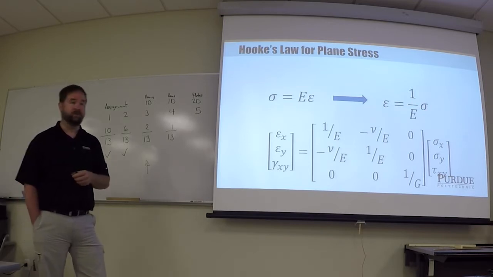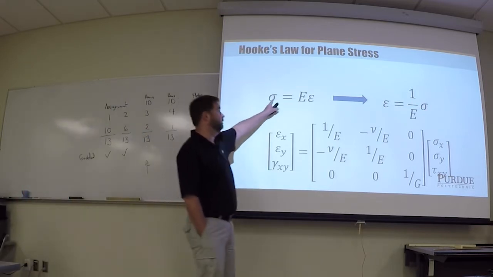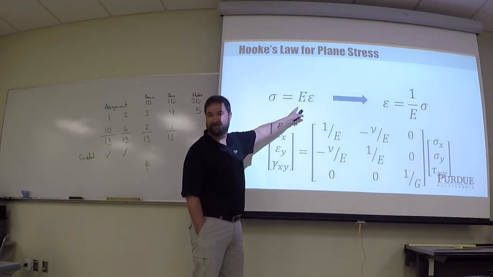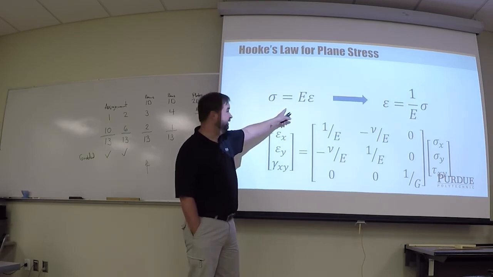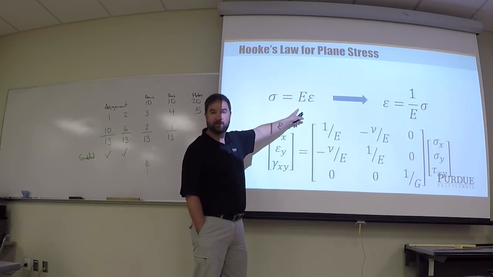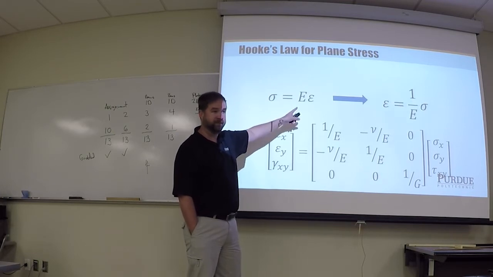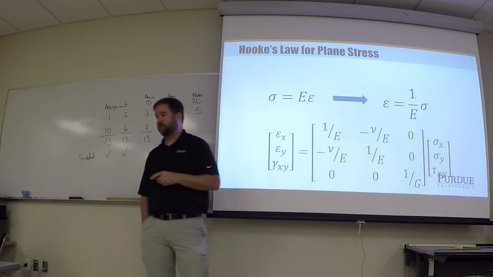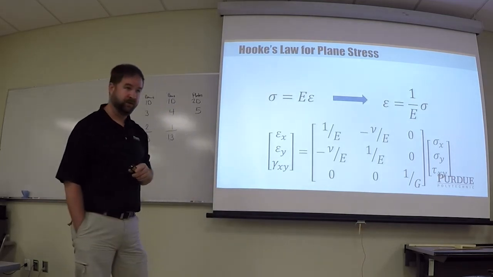Okay? So you guys should be familiar with this equation. What do we call this? Read the title. This is Hooke's Law, right? We've done this time and time again. This is the same F equals Kx type equation, right? Hooke's Law.